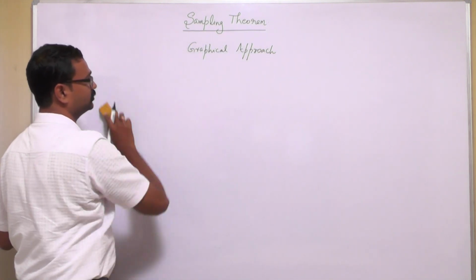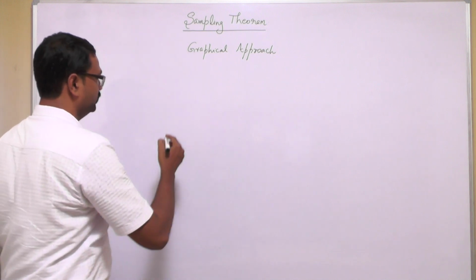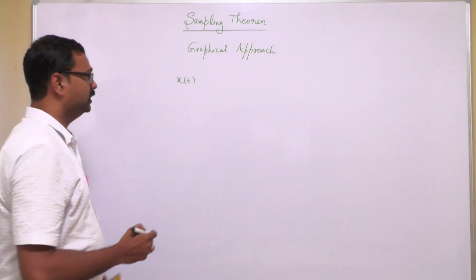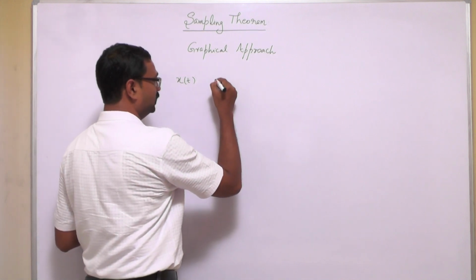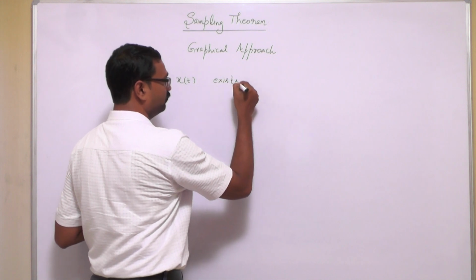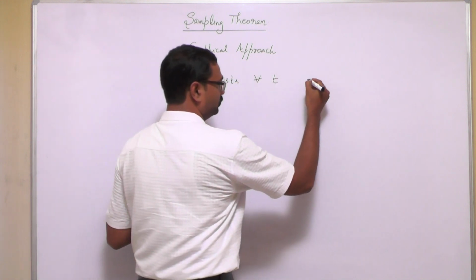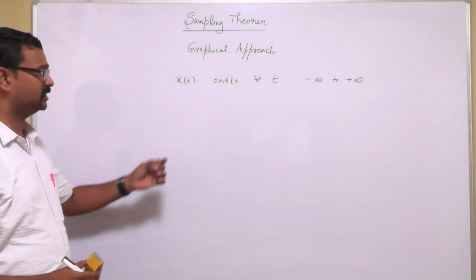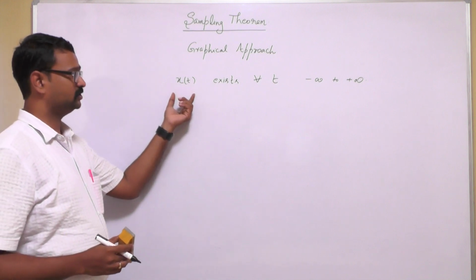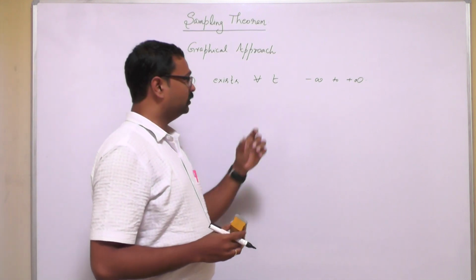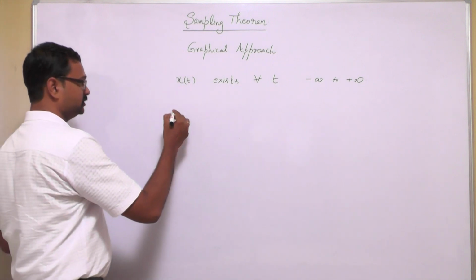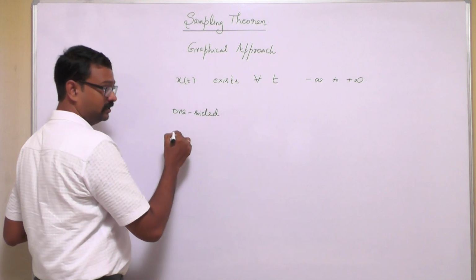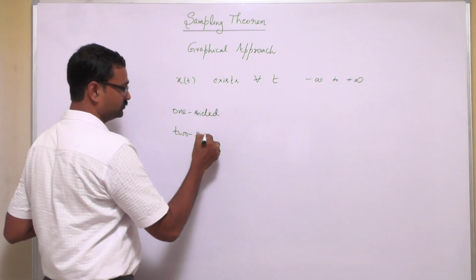In the graphical approach, for any continuous time signal x of t, let us consider that x of t exists for all time t from minus infinity to plus infinity. Previously, in Z transformation, we considered only one-sided Z transforms, and we did not consider two-sided Z transforms.